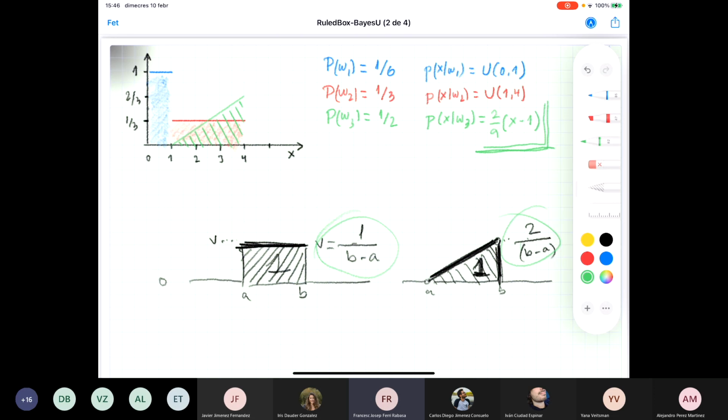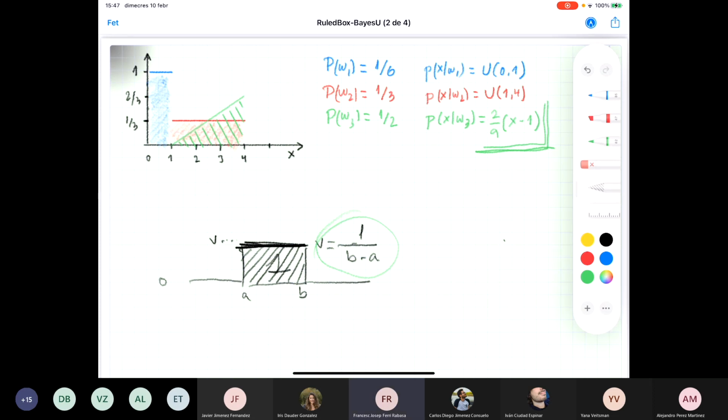Okay, let's comment on the exercise. Well, I assume you have understood the statement of the problem. Here you have the starting point.